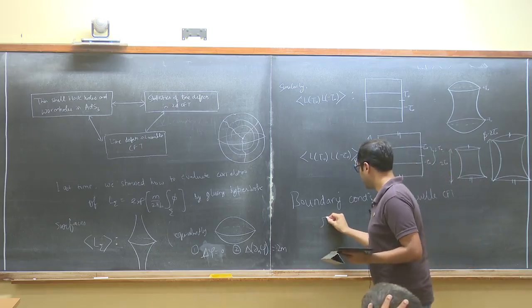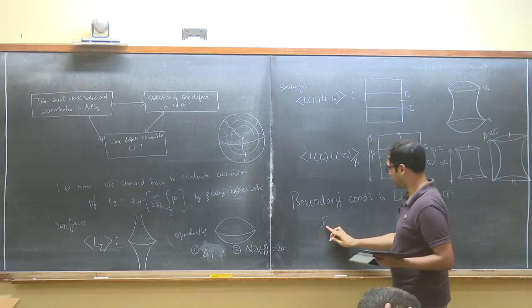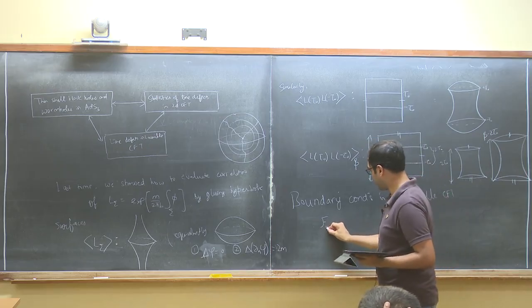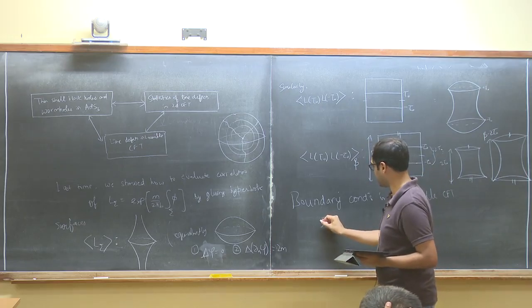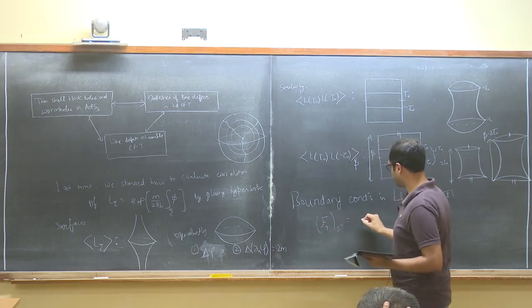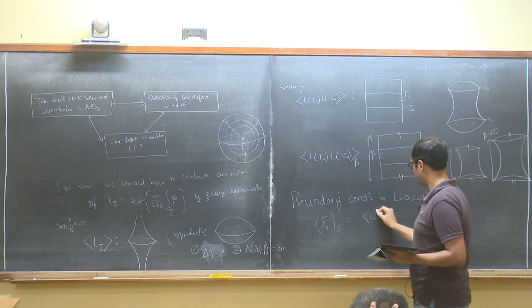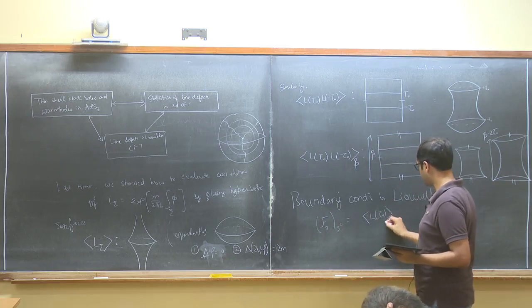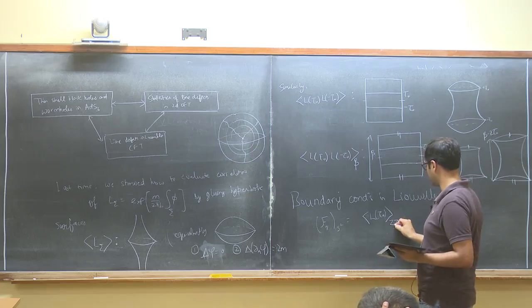What I'm going to show is that if you take the identity block of the CFT defect and evaluate it on a sphere, say, that is proportional to the 1-point function of the line defect on a disk with ZZ boundary conditions.